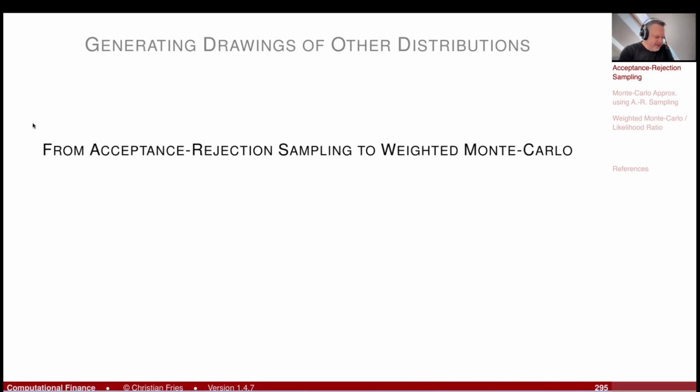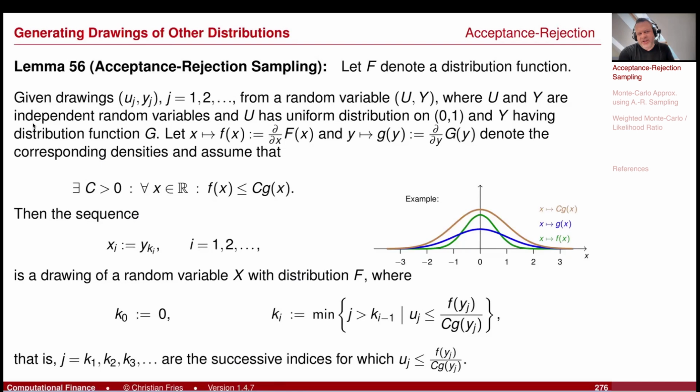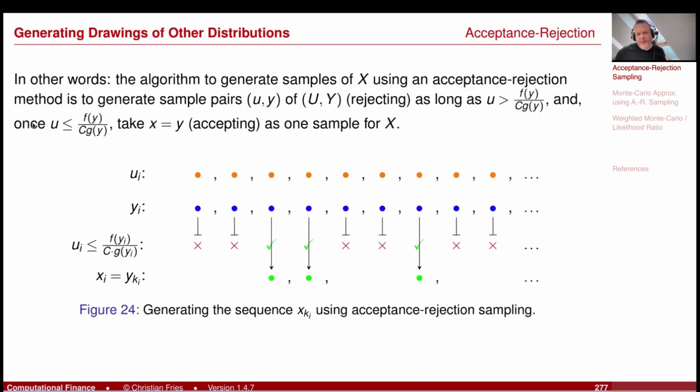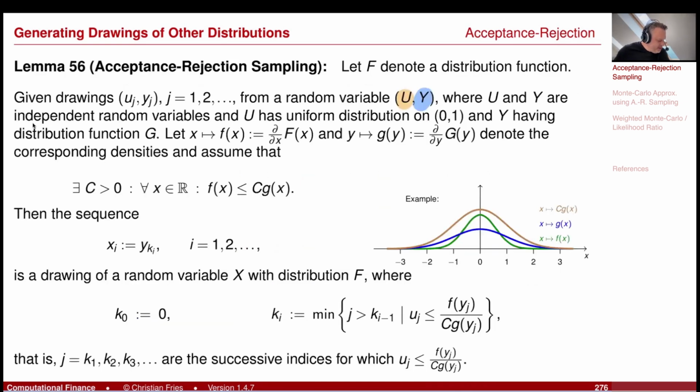So let's just recall acceptance rejection sampling, this lemma. You generate drawings of a tuple of random variables U and Y, here these two in orange and blue. And then you have a certain criterion, which is below.